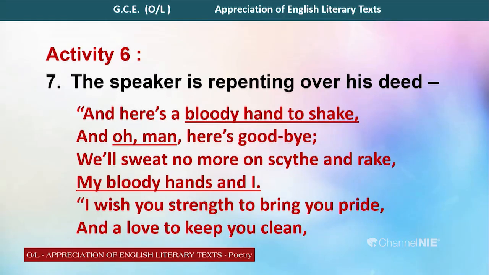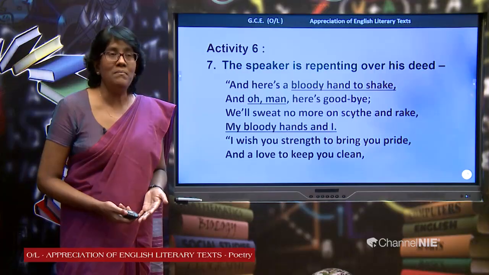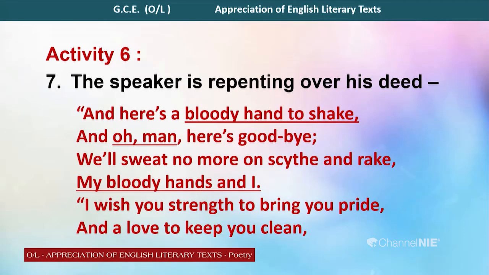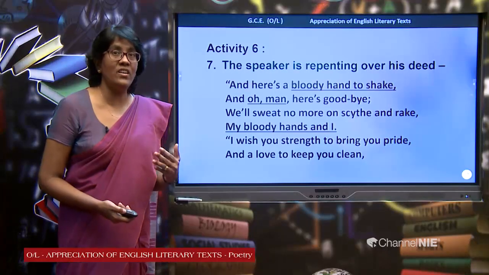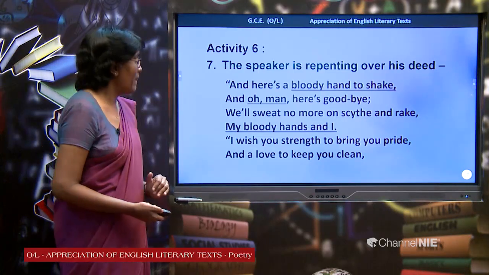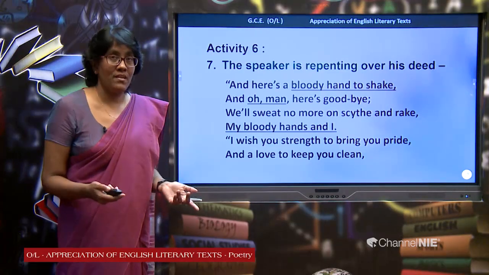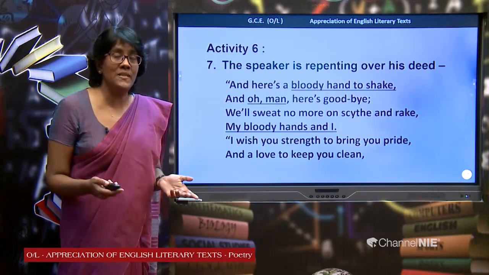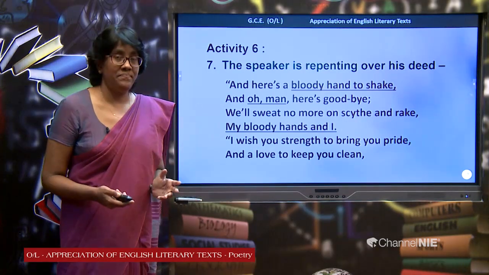I wish you strength to bring you pride and a love to keep you clean. This sentence is important, children. A love to keep you clean. You can understand the problem here, the origin of the issues behind all these, was a love. And normally, people who work in farms have strength.